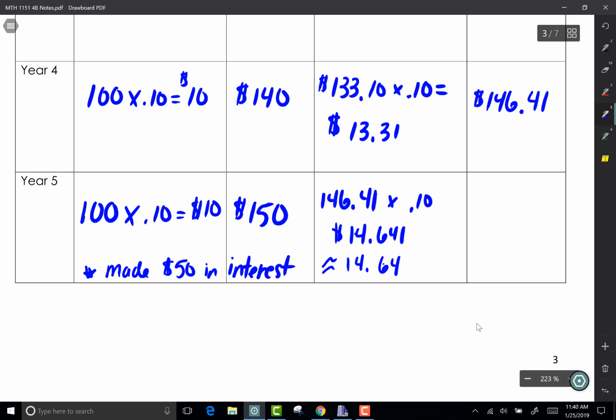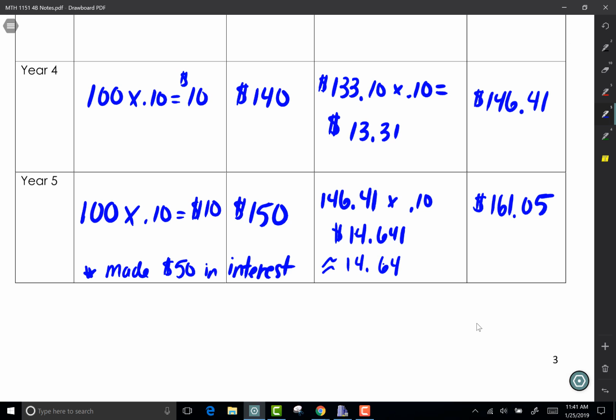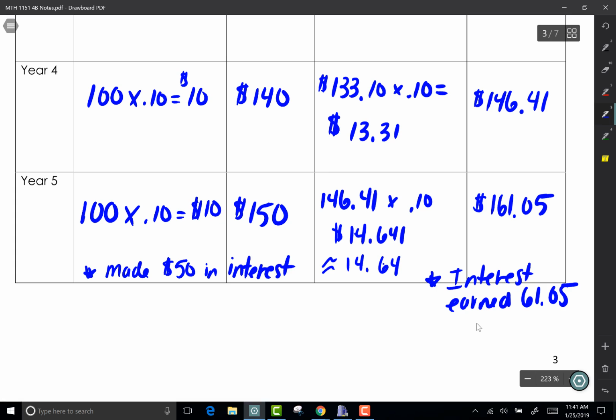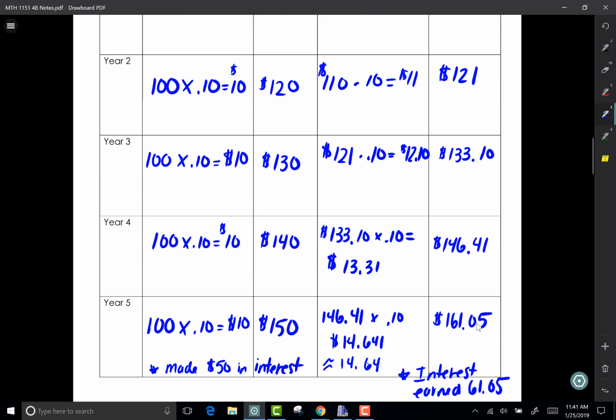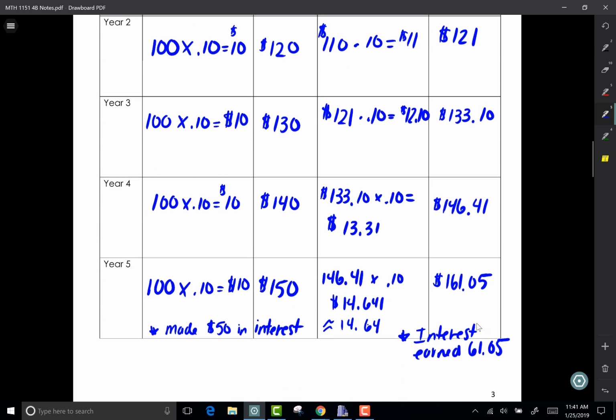And when I add that to my accumulated previous balance, my final accumulated balance for the 5 years would be $161.05. So the interest I earned for the compound interest would be $61.05. So hopefully that illustrates the difference between the simple interest and compound interest.